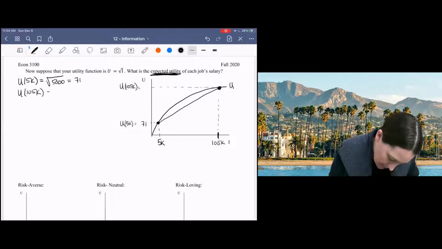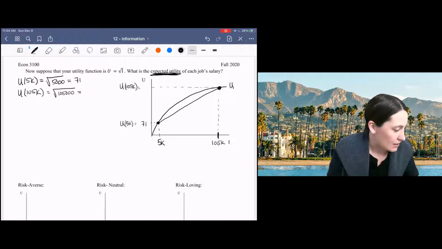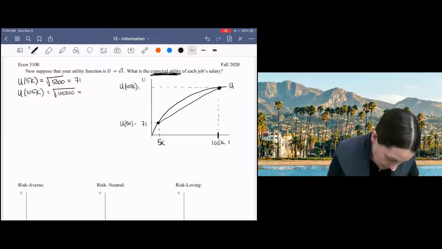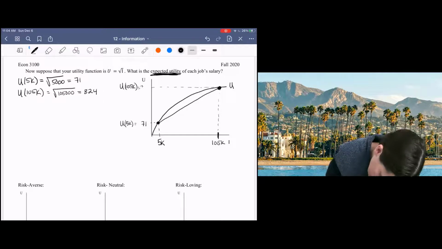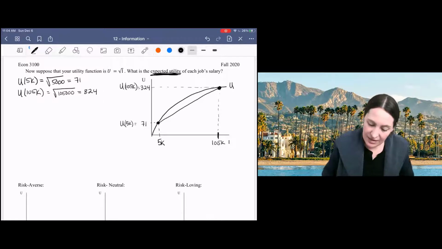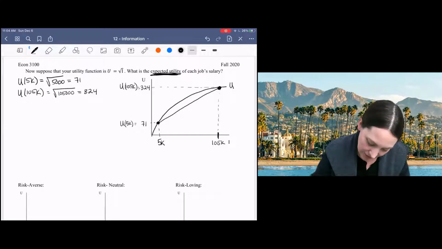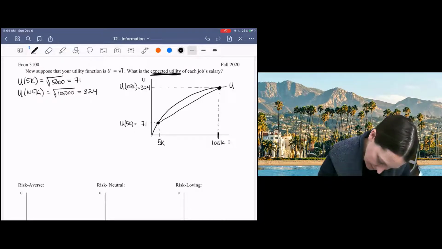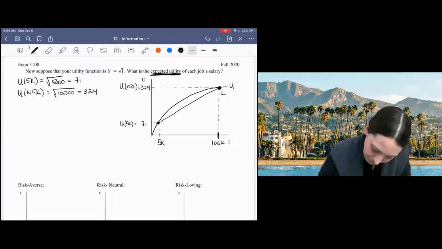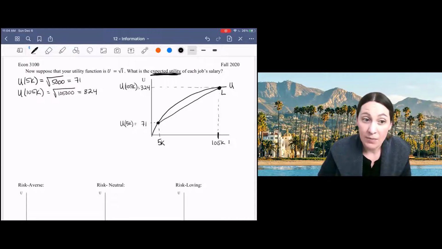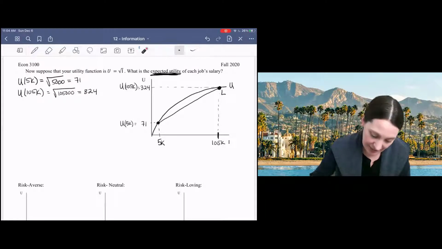Okay, 105,000 gives me a utility of 324. And then we have a lottery, so I'm going to call this L for lottery. The lottery with these two outcomes will have an expected utility at some point along this line.